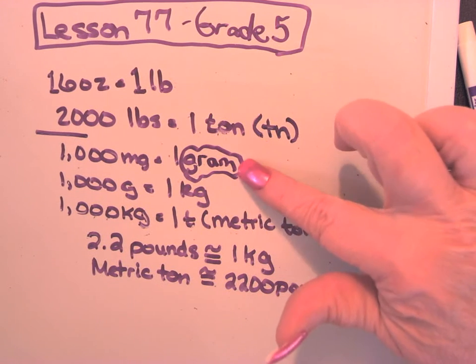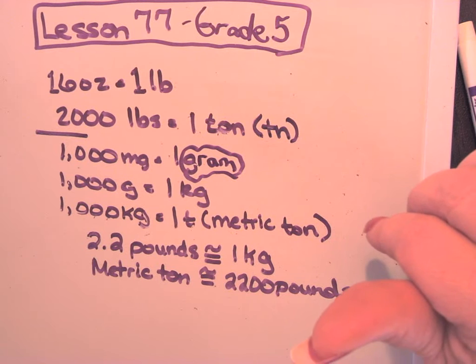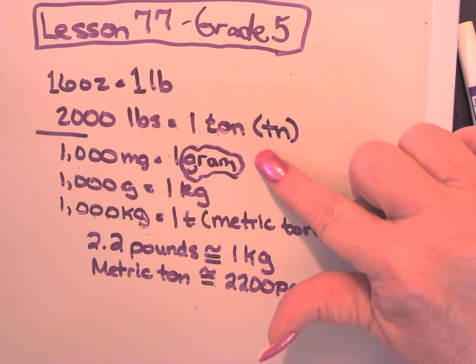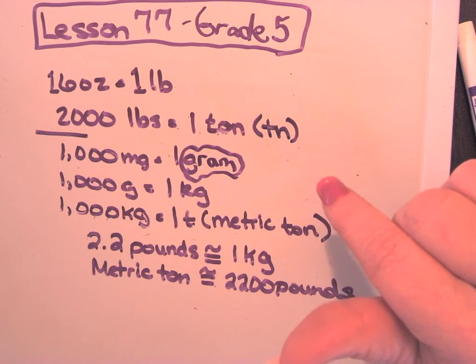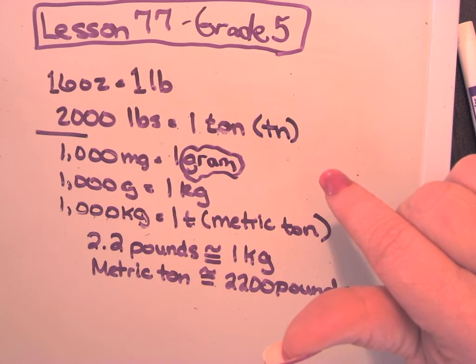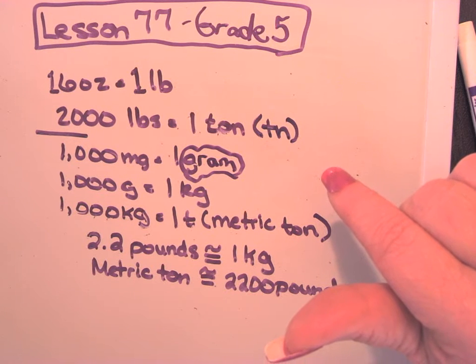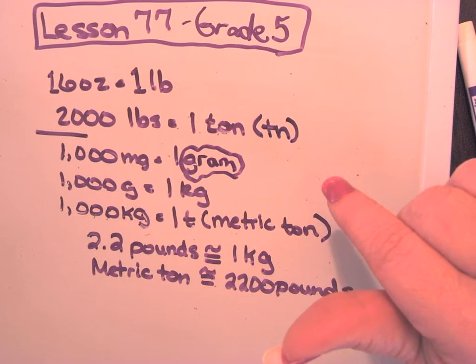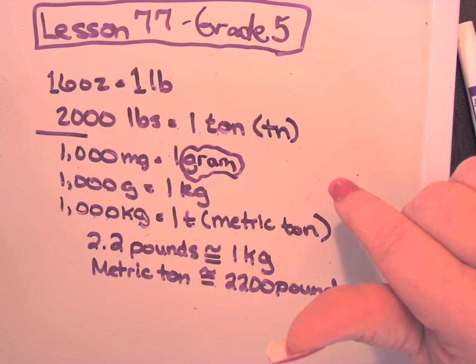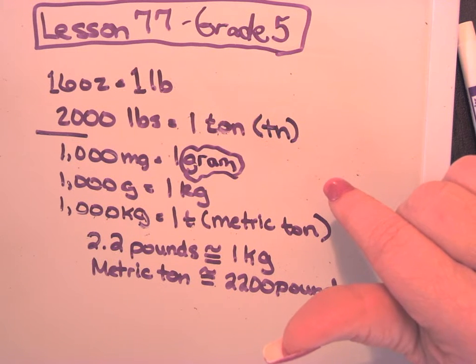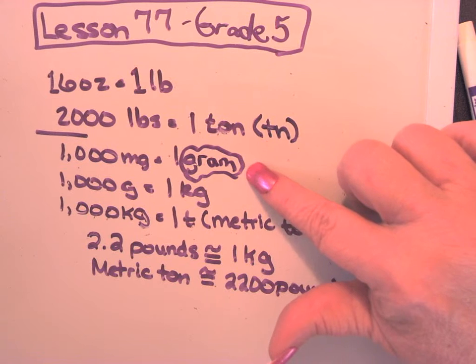Go to your kitchen today and try and find something that's measured in grams. That might be a little bit more difficult to find. I would look at things like spices or sugars, or something of that nature that you might find grams.